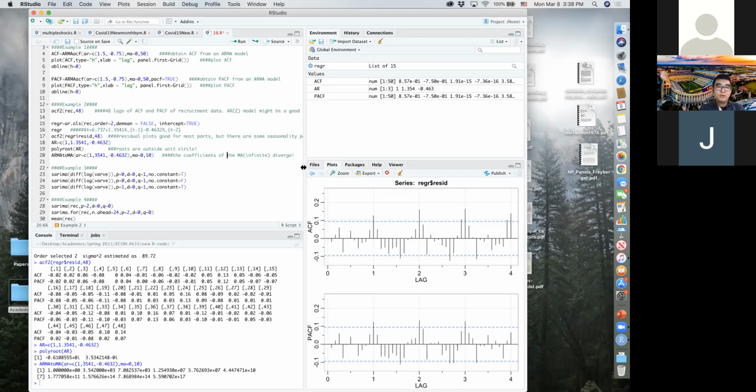And moreover, there is some seasonality in our residual plots. So we might think that this AR(2) model might not be a very good model. We perhaps want to include MA terms, or we perhaps also want to include some seasonality parts in this model.